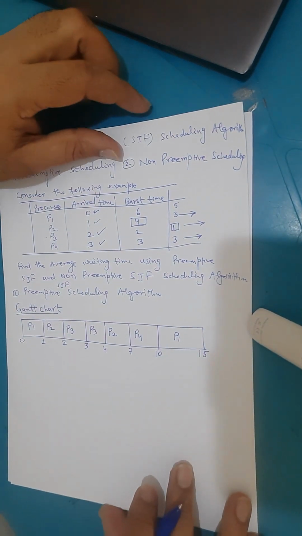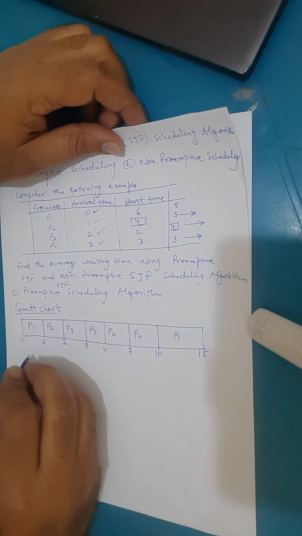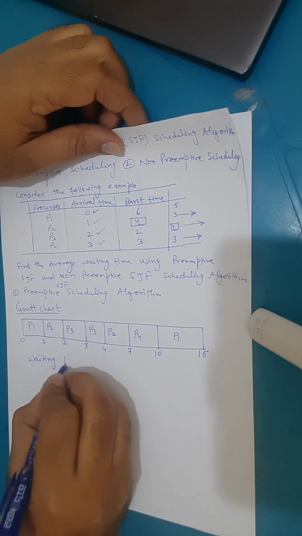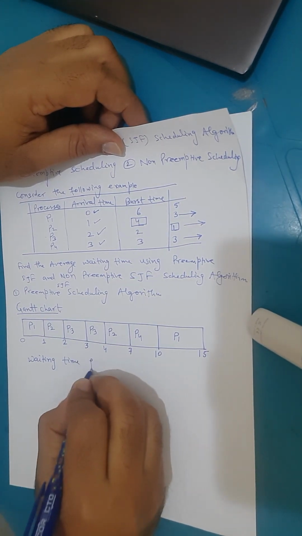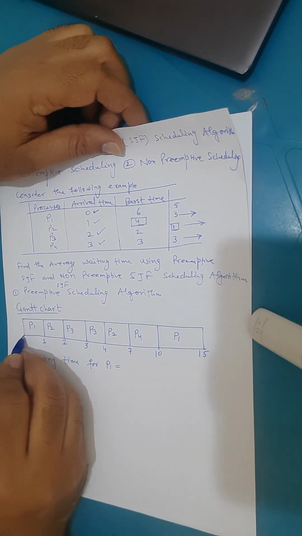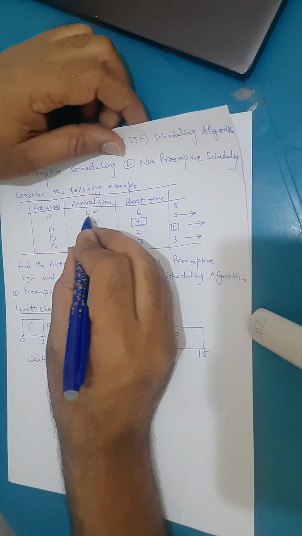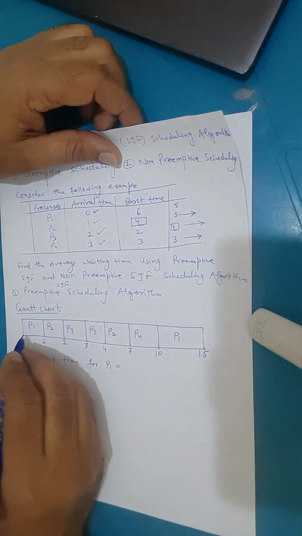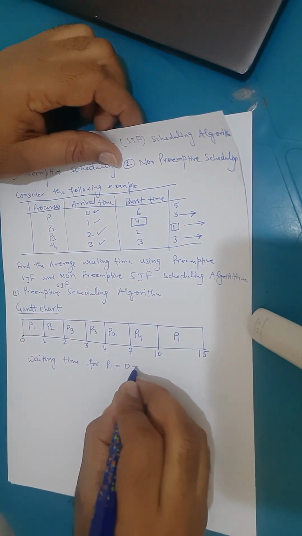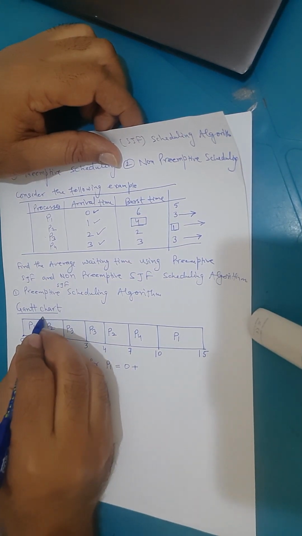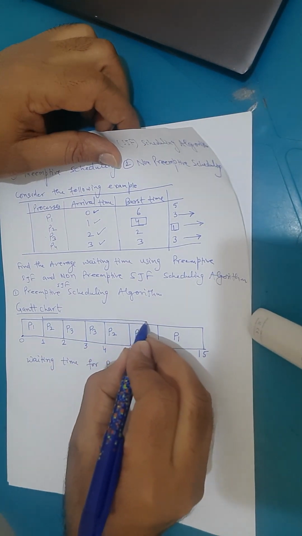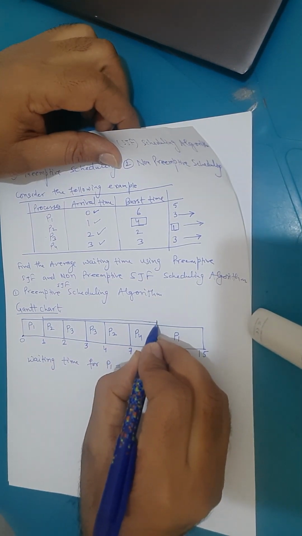Now you will find the waiting time. So waiting time for P1 is equal to, in the beginning P1 enters into the system at 0 and starts to execute at 0, so there is no waiting time, plus P1 waits from 1 to 10, and starts its execution again.